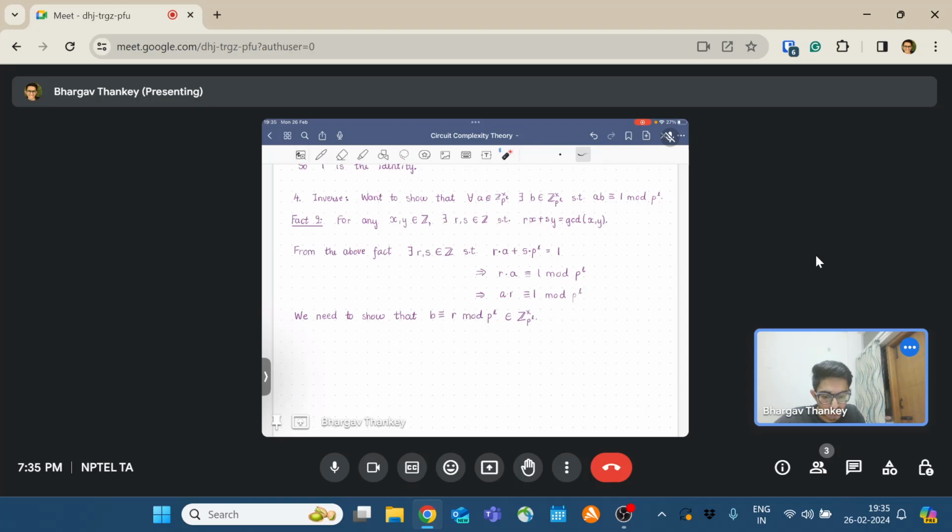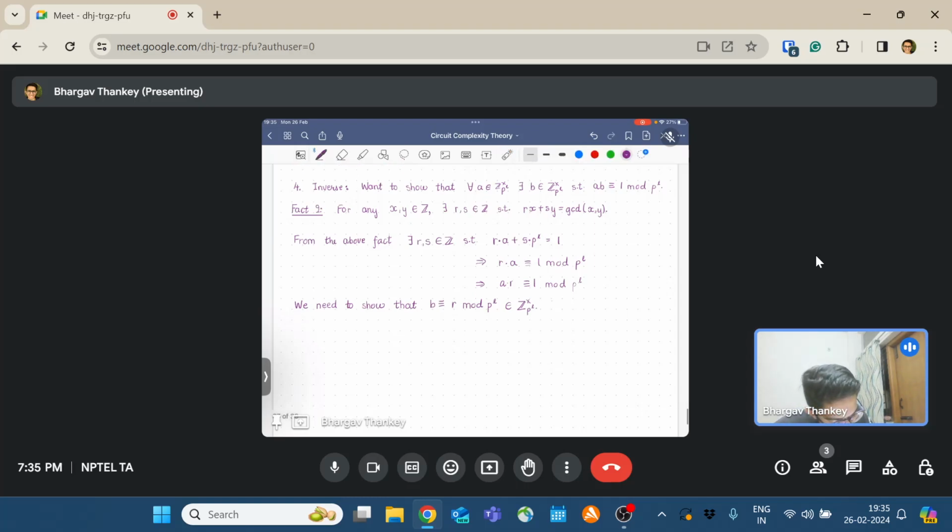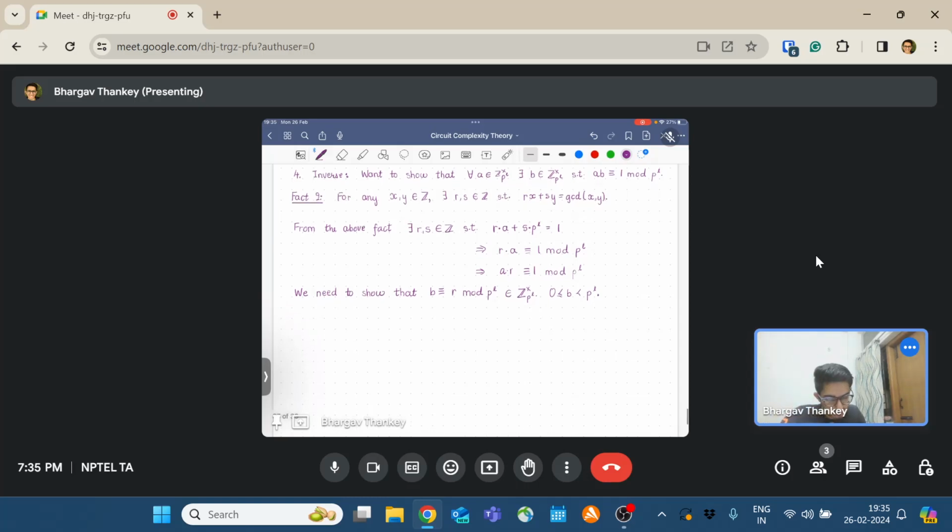So from this we can say that B is at least 0 and at most P to the L minus 1. Again, we need to show that B is not 0 and that the GCD of B and P to the L is 1, right? Okay.